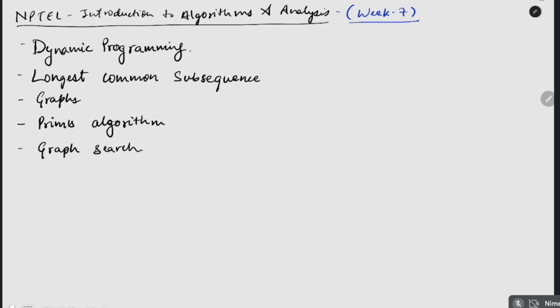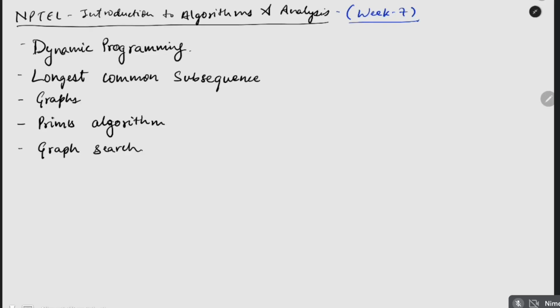So what we'll do in this session is we'll take up some problems related to these concepts, and then we'll also discuss theory that will help us better understand those problems and how we solve them.